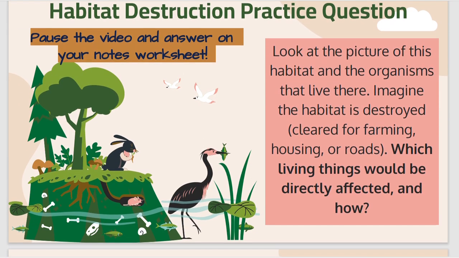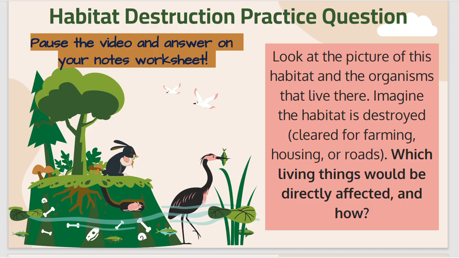All right, moving on. So you have a box on your paper to answer this question. Using this picture here on the screen, you're going to pause the video and answer this question in your own words.